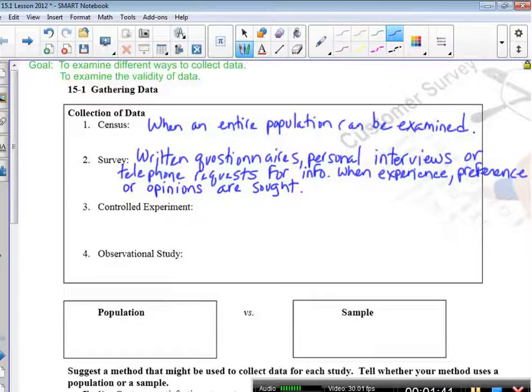Okay, controlled experiment. This is a structured study containing usually two groups.